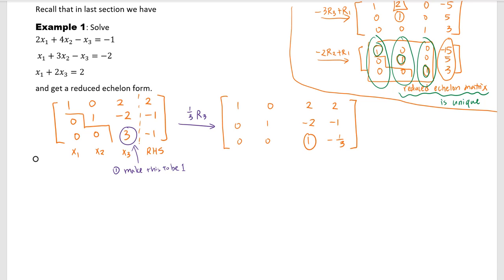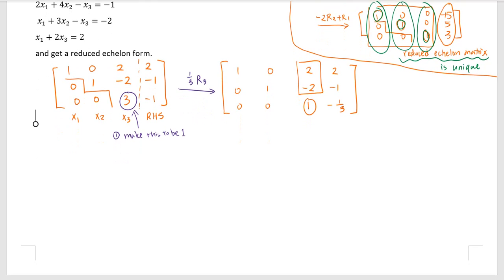Next, we can use this entry to kill the entries above it. How do we get rid of this minus 2? We can use 2 R3 added to R2. How do we get rid of this 2? We can use negative 2 R3 plus R1.